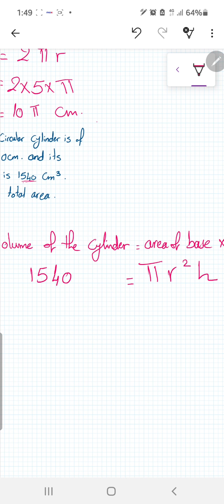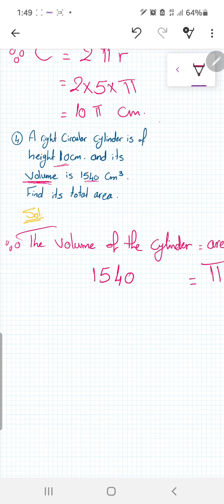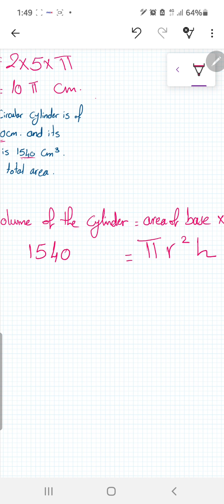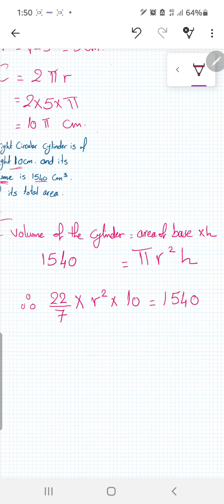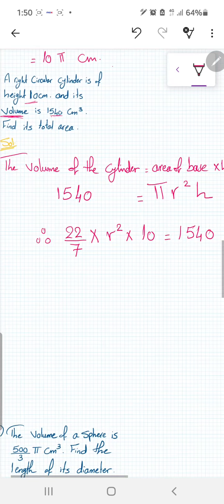By substitution, the height here is 10 and π is 22/7. So 22/7 multiplied r squared multiplied 10, all of this equals 1540. Okay, we want to get the unknown, which is r squared.